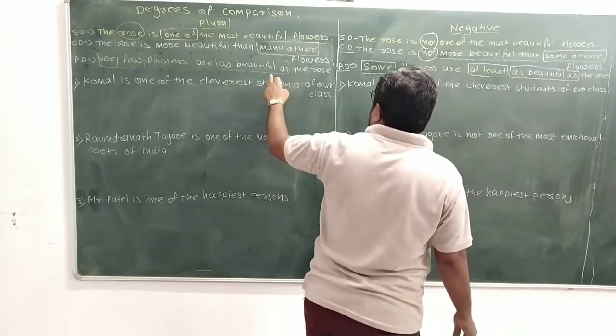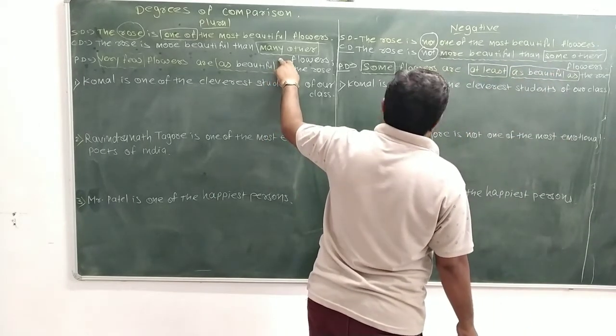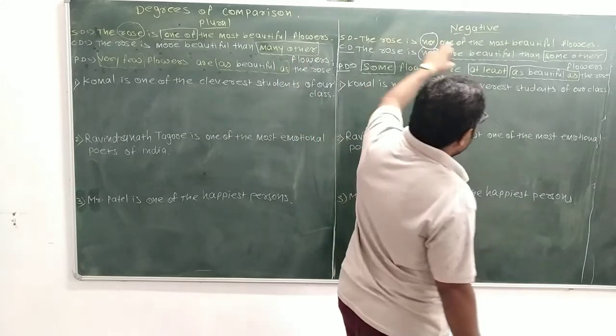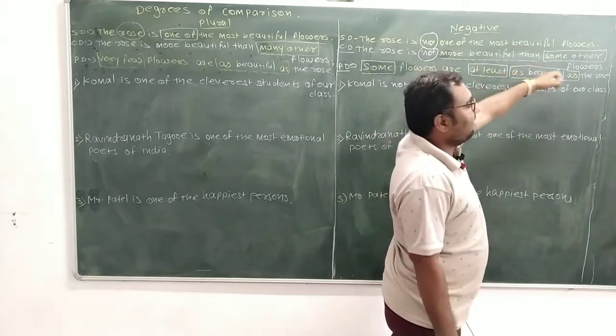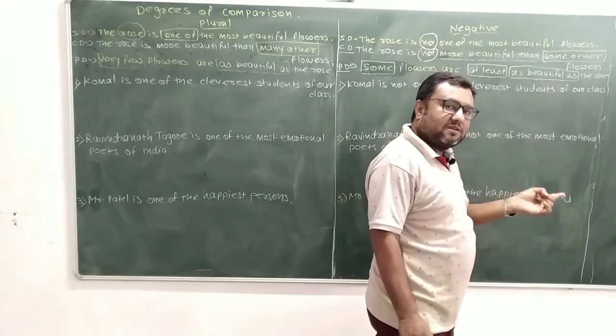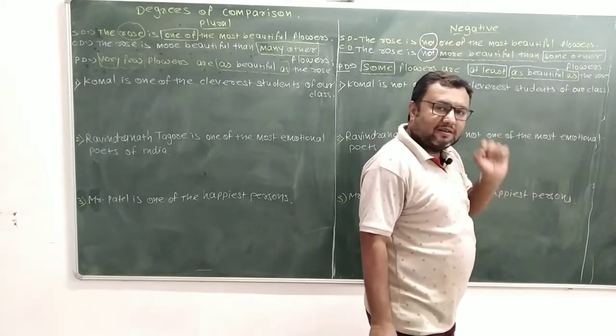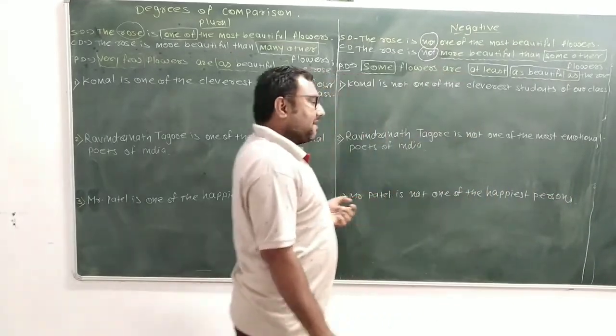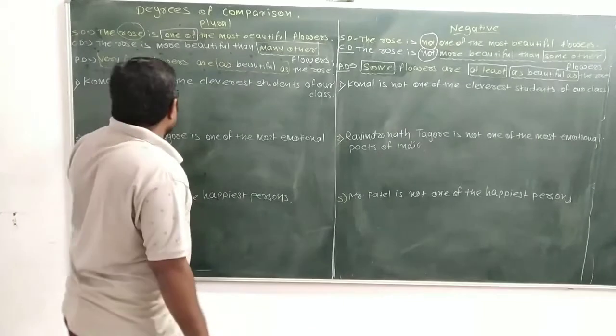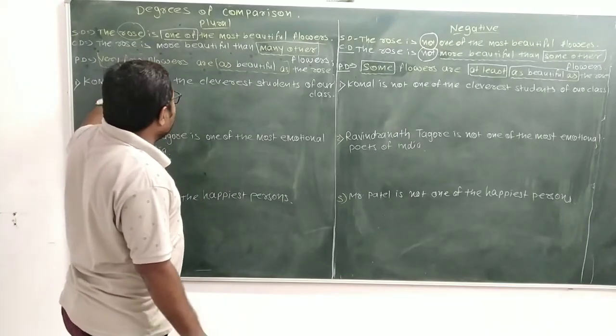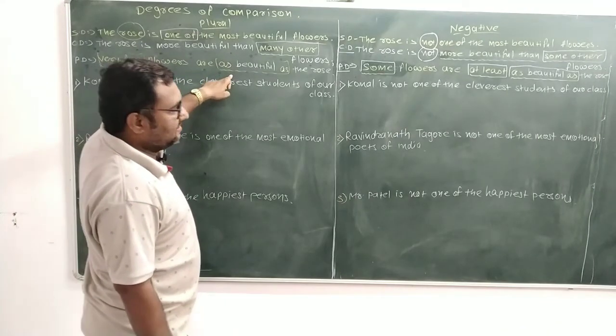For the positive sentence we write many other, and for the negative sentence we write some other. Many other, some other. Next, in an affirmative sentence, positive degree, we use very few are as as.